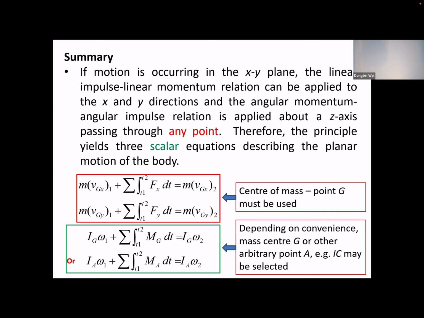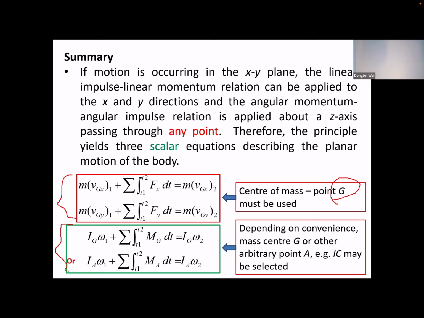For the principle of linear impulse and momentum, the calculation must be about the mass center point of the rigid body, point G. And this one here is the principle of angular impulse and momentum. This can be about the mass center G, but it can be about any other point that gives you convenience.